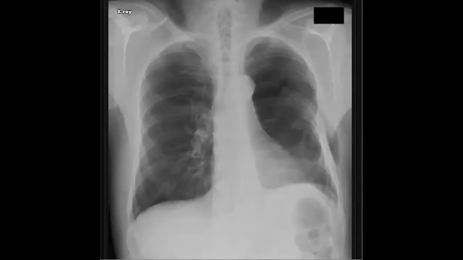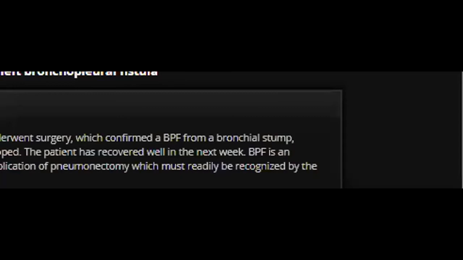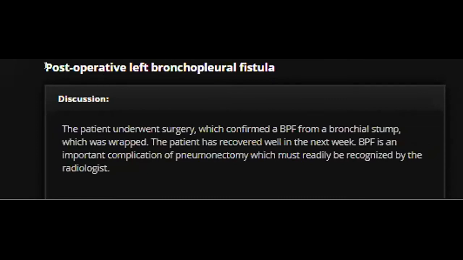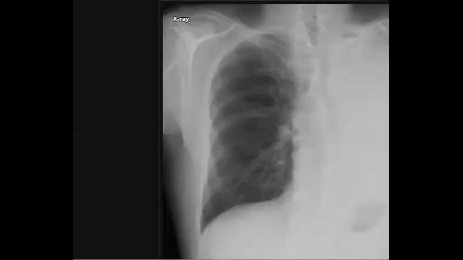So this was an interesting case. He had many issues on one side, and he had what's called a post-operative left bronchopleural fistula. In this patient, we mentioned that he did surgery, and after surgery we see that air developed, and this is one of the most important complications after he had an opacified left hemithorax.